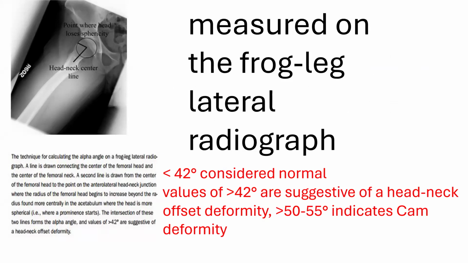If this measures more than 42 degrees, then you have to worry. Does this patient have a cam? Does he have femoral acetabular impingement? If it is 42 degrees or less, then it could indicate a normal hip.